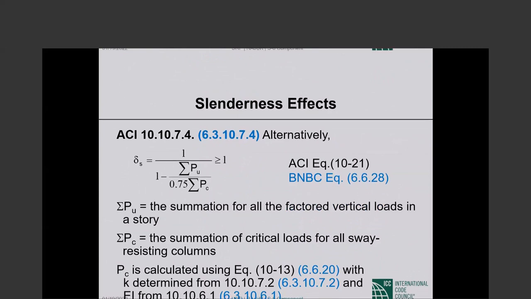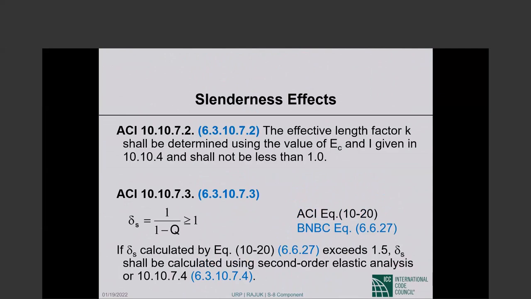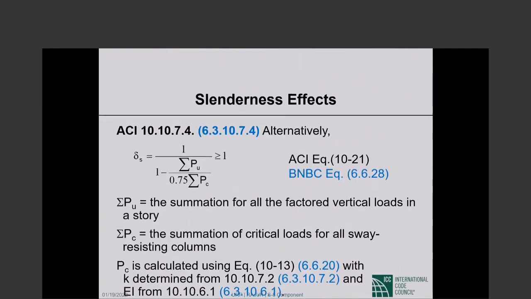Okay, so this was for a single column, if you like. Alternatively, you can take a whole story. Delta sub S is 1 divided by 1 minus the summation of P sub U on all the columns in the story divided by 0.75 times the summation of the critical loads of all the columns in the story.